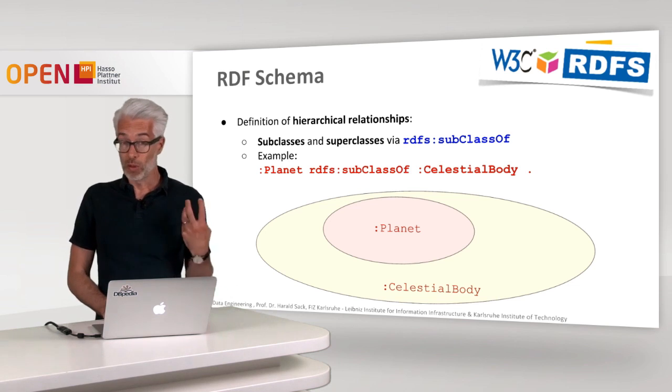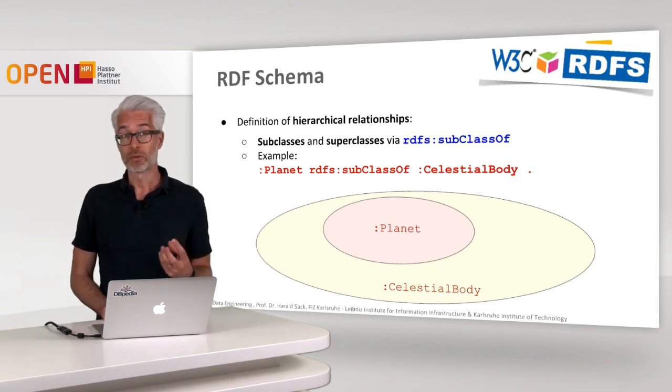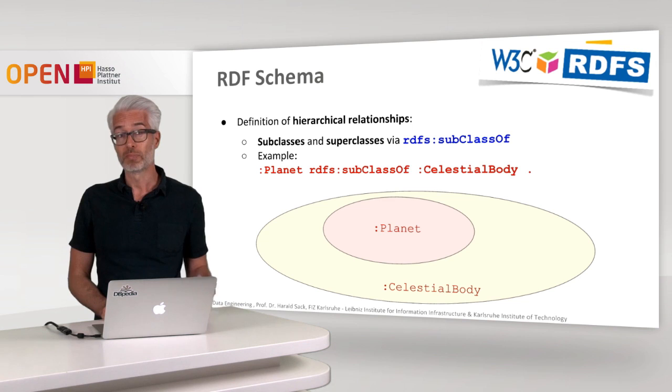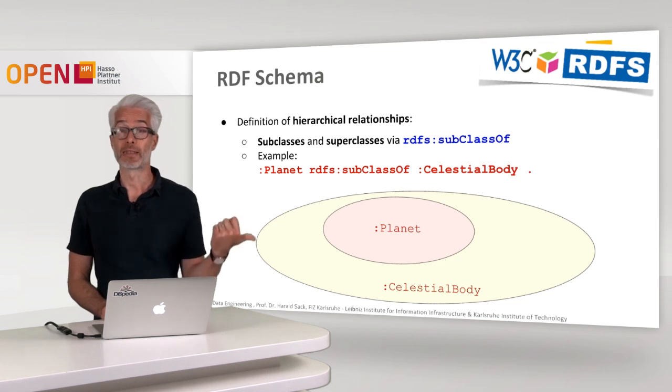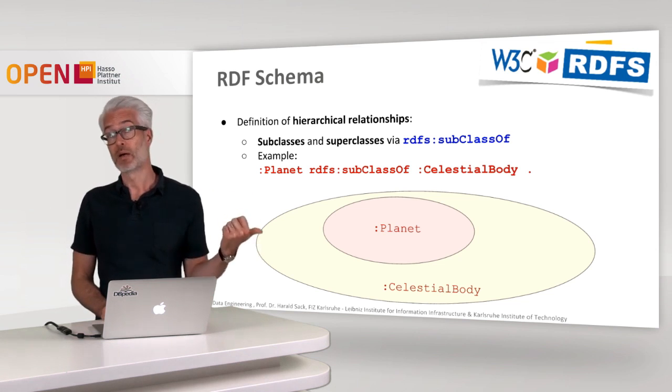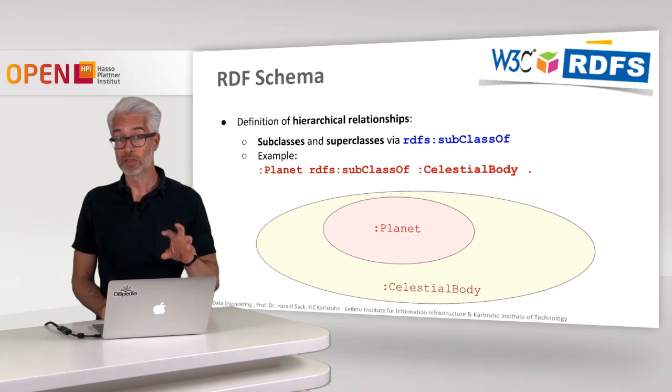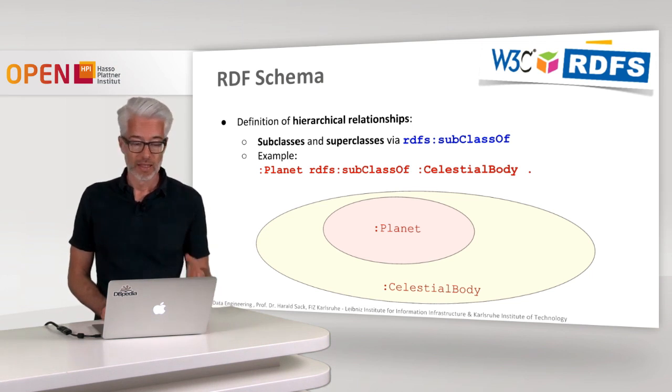A much more powerful thing that is given to you via RDF schema is the possibility to define hierarchical relationships, among classes as well as among properties. First, let's start with the classes. Here we define, for example, subclasses and superclasses with the RDFS property subclass of.